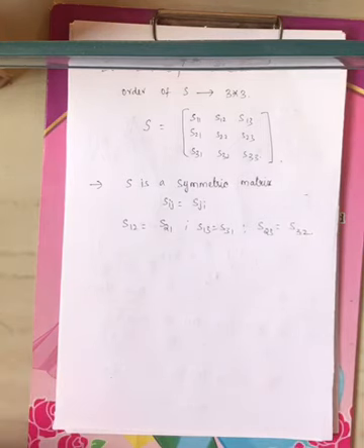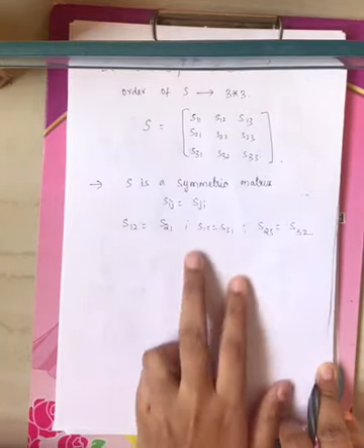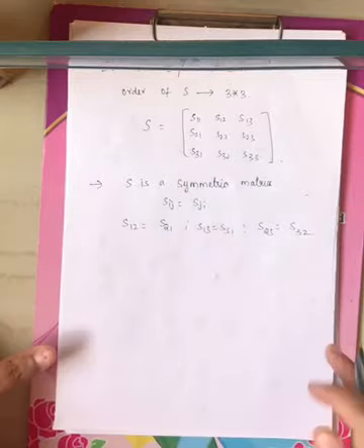In the previous lecture we saw S is a square matrix, S is a symmetric matrix, S is a unitary matrix. We have another property: the product of two S parameters gives 0 when k not equal to j, and 1 when k equals j. Since S is a symmetric matrix, Sij equals Sji.